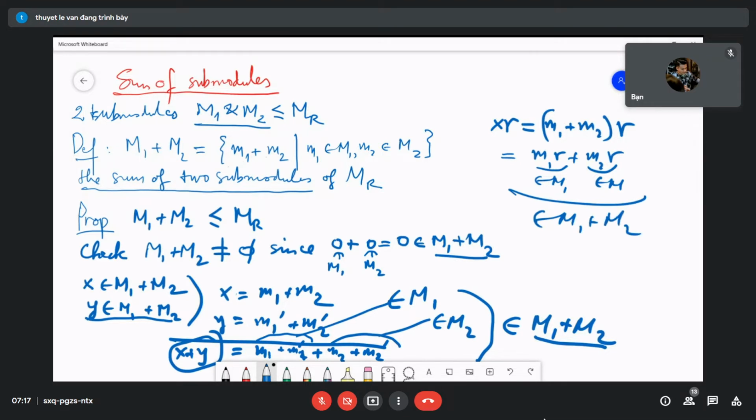So we have the conclusion, because that is the third condition, the second condition, and here is the first condition. So you have the proposition: the sum of two submodules is a submodule of MR.